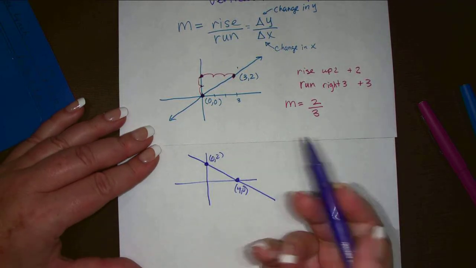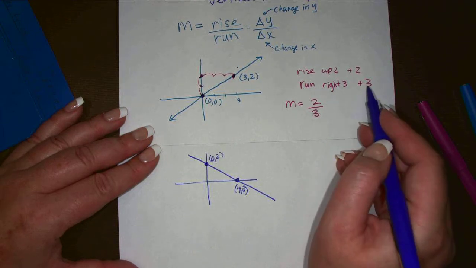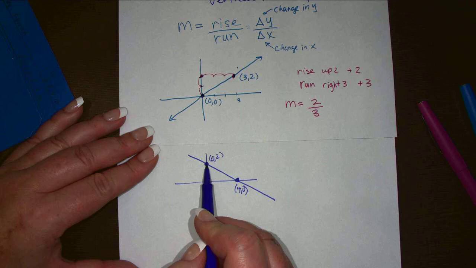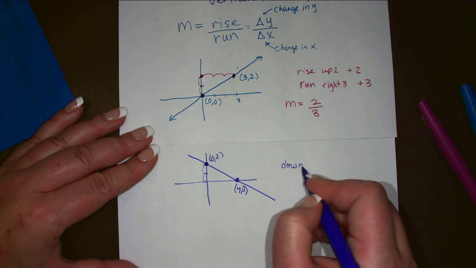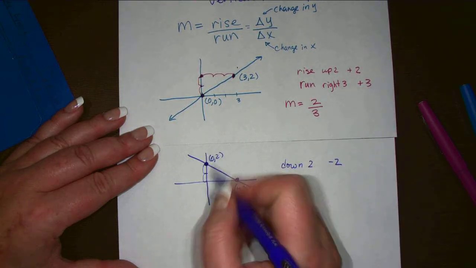It doesn't matter which point you start at, but going up is positive, and to the right is positive. So here, say we start here, are we going to go up or down? Down this time. How many? We're at 2, so down 2. That's minus 2 for the y values, because that's going up and down, that is the rise.